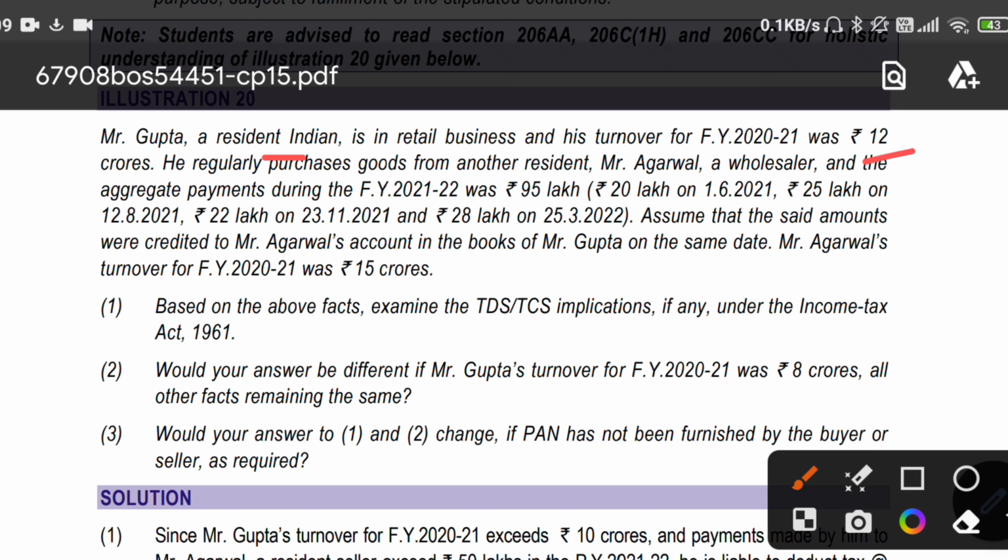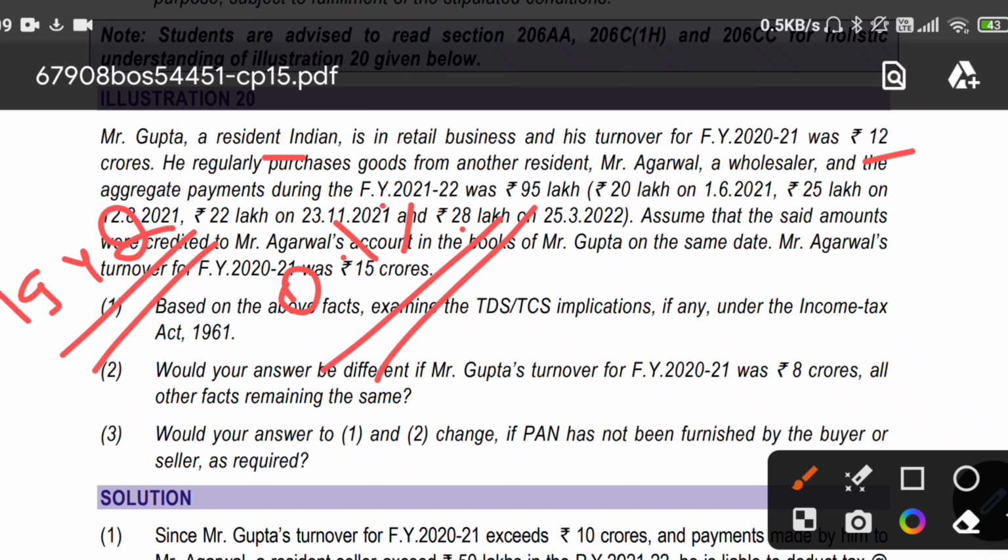And what is the TDS rate in 194Q? 0.1%, okay, and here we will apply not on the whole amount, only in excess of 50 lakhs. Whenever the amount is exceeding 50 lakhs, only on the excess amount we have to apply 0.1%.